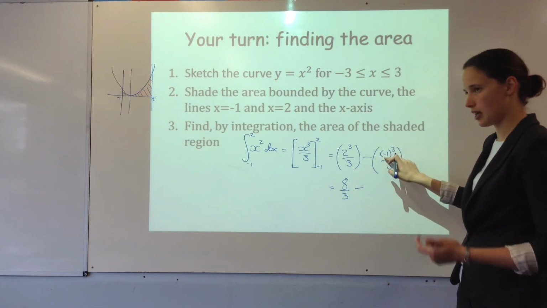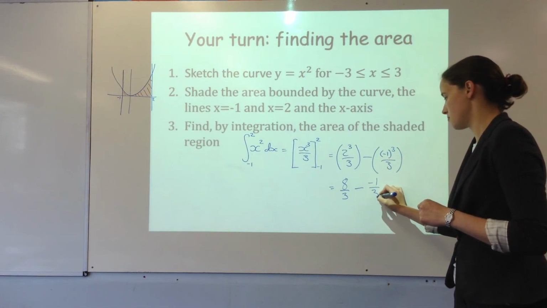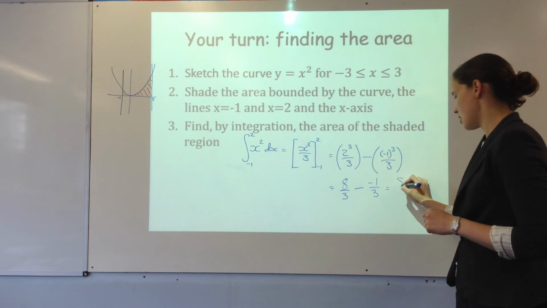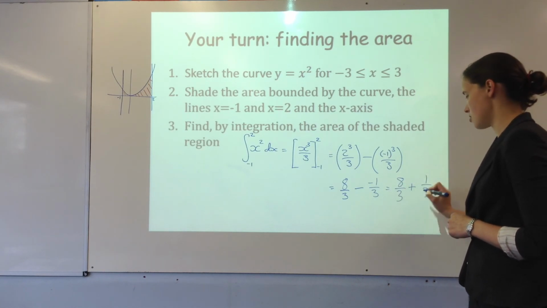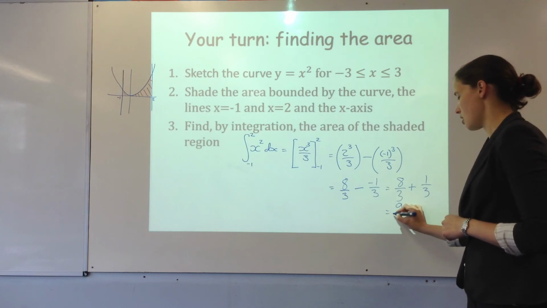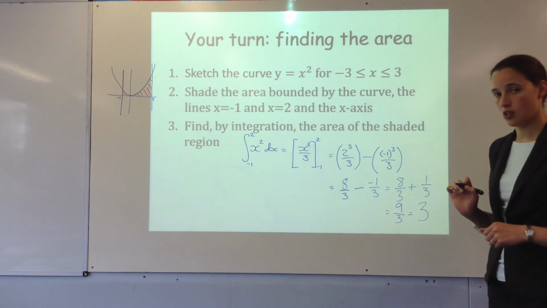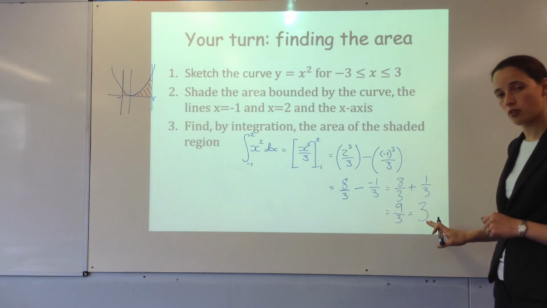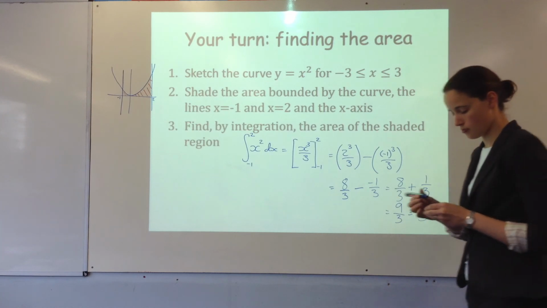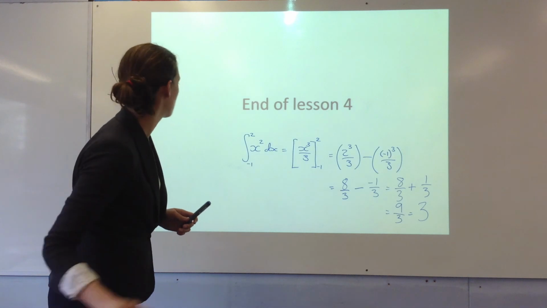So -1 times -1 times -1 is still a negative. So that's going to give us 8 over 3 plus 1 over 3, which is equal to 9 over 3, which of course is equal to 3. So the area underneath this curve is just 3. Nice and simple. And that is the end of the lesson.